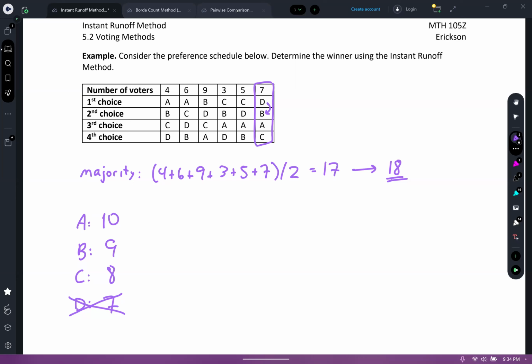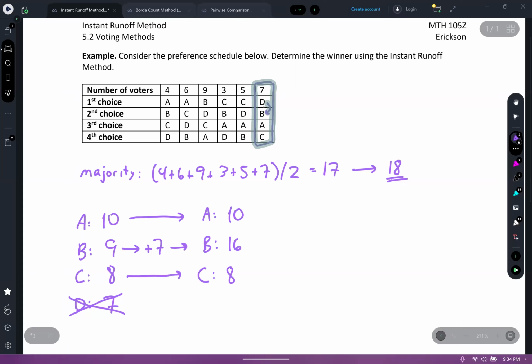So because B was those voters' second choice, those 7 votes now are going to go to B. So for the next round, we're going to add 7 to B's total count. And then A and C, their number of votes stay the same. So A gets 10, B has 16, and C has 8 in the second round.